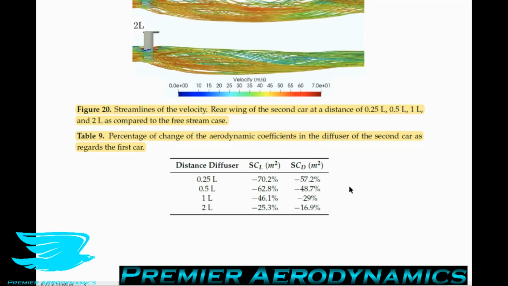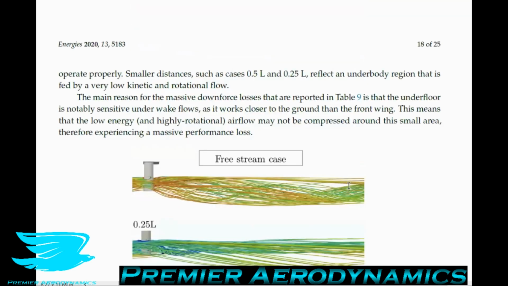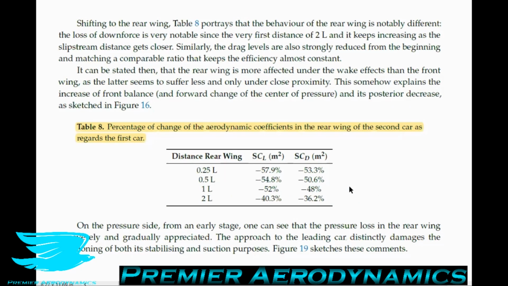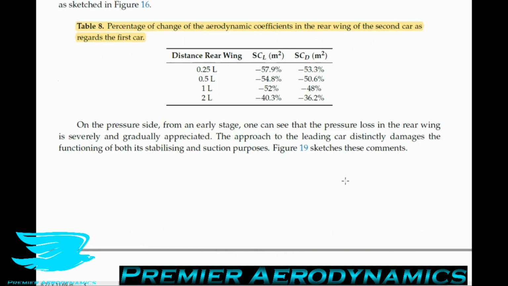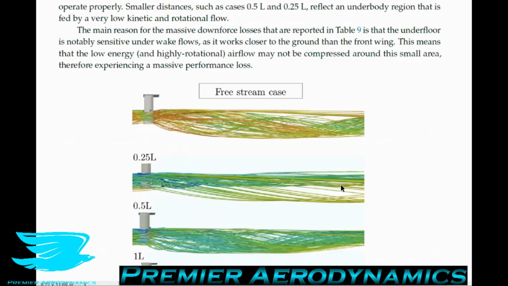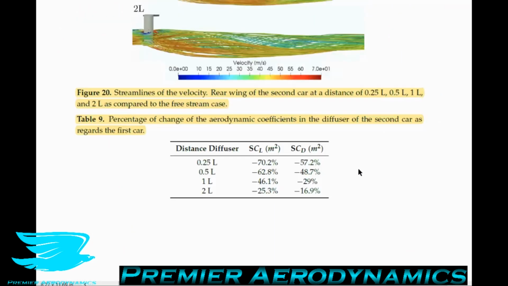So the diffuser, with the underbody producing 60% of the entire vehicle's downforce, is now being reduced by 70%. Comparing this to the rear wing, it is only exhibiting about a 57% or 58% reduction in the same location. So the diffuser is being affected even more when it's in close proximity. That's really bad. The drag area is also being reduced dramatically by 57% as well.